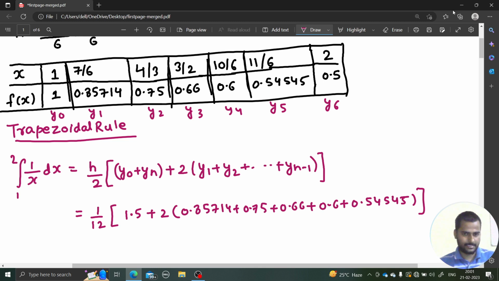So let's jump into the calculations. We have 2 times, inside I have 0.85714 plus 0.75 plus 0.66 plus 0.6 plus 0.54545.